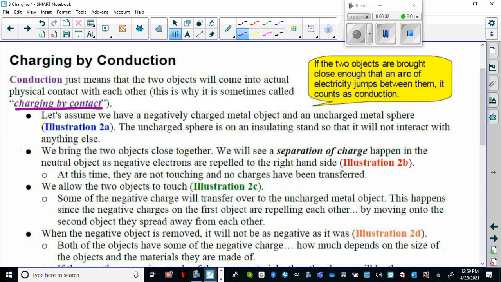And then when you separate them, all of a sudden one object has a significantly different charge than it started with. And that's essentially what's happening when you're rubbing ebonite on fur. They're touching. When you move them apart, they both have a different charge, even though the overall charge has not changed.